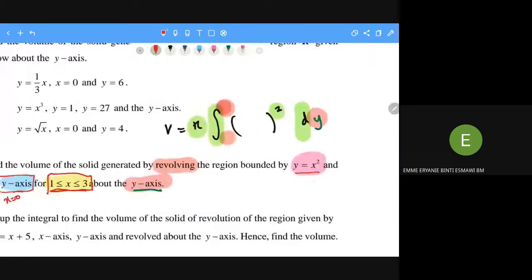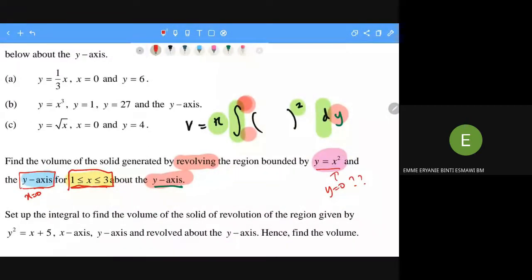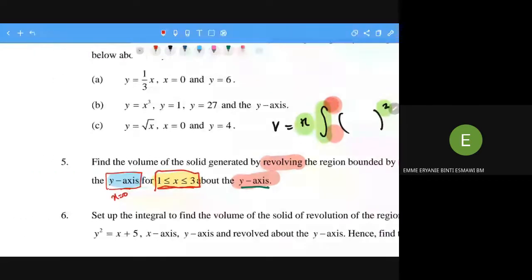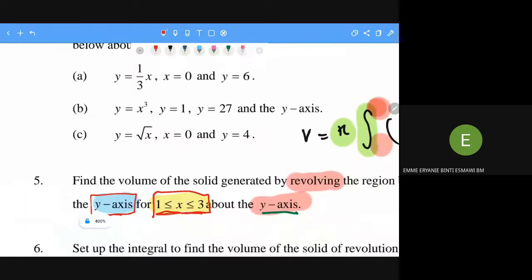Tapi kalau kita masukkan kat sini, we see that y equal to 0. Satu je nilai. Kalau x 0, y 0. Satu je nilai. Habis tu, kita nak letak apa dekat limit kan. Okay. Bukan sebab itu kaedah tu salah. Tapi sebab dia ada bagi satu lagi information extra yang ini. Okay. Maksudnya, this bounded region is bounded also by x between 1 and 3.